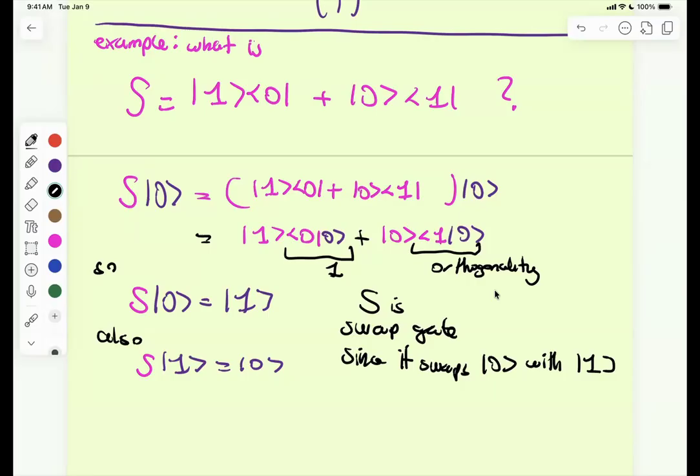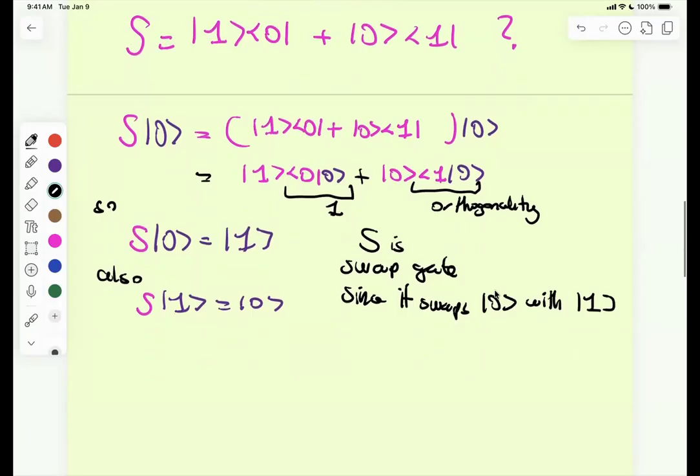In this case, the swap gate, if you represent it as a matrix, is a permutation. This would be the matrix representation, in terms of entries, and you would find these matrices. So yes, this one does have rank 2.